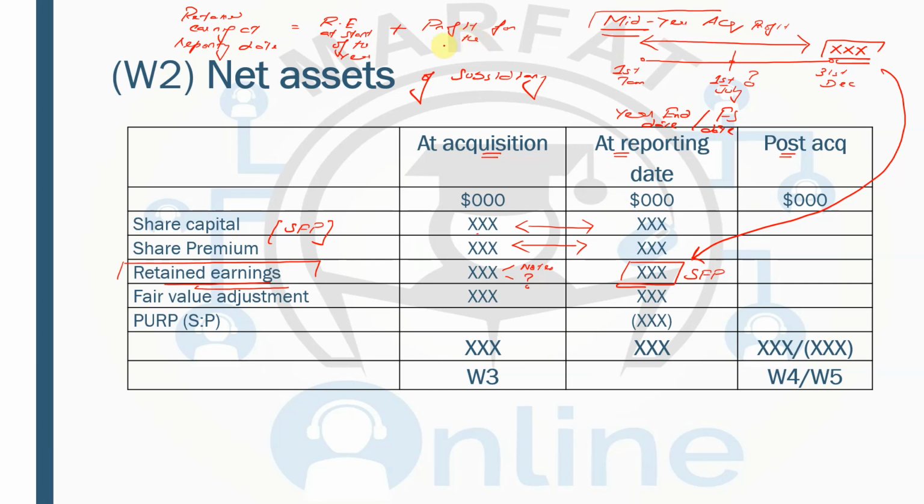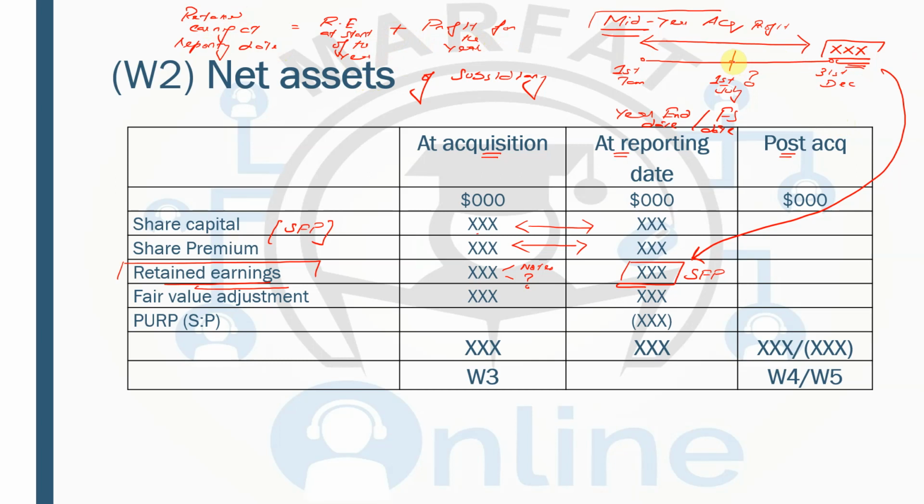We know this concept from the accounting equation chapter we studied at the start of the course: profit is added to the capital. So retained earnings means the accumulated profits at the start of the year plus profit for the year. When you add these two things, it gives you retained earning at reporting date, which is this figure.